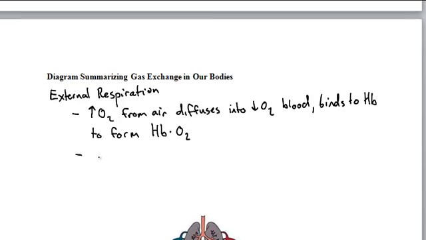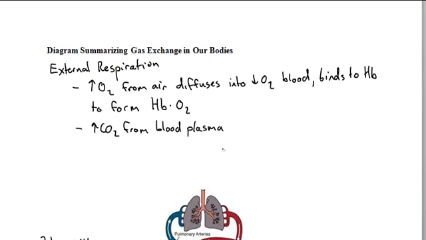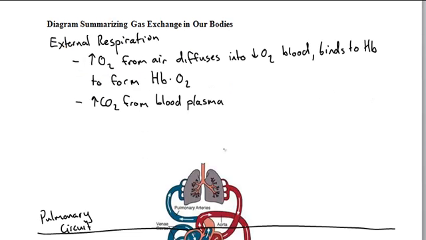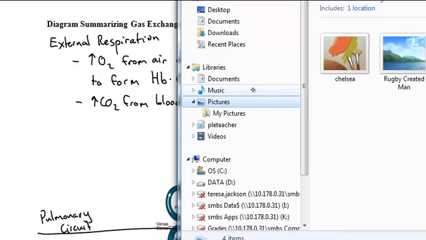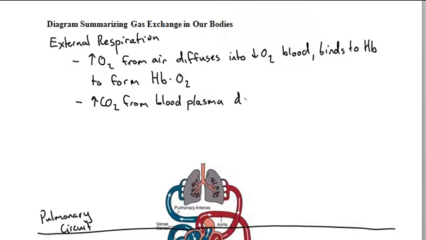In contrast, high CO2 from blood plasma, remember, about 7% was dissolved in the actual plasma. So that high CO2 from blood plasma diffuses into low CO2 air.